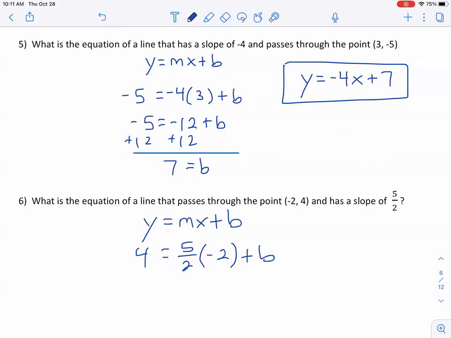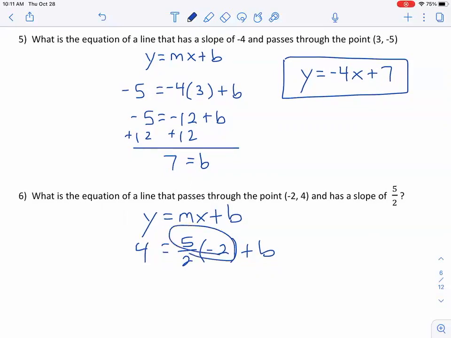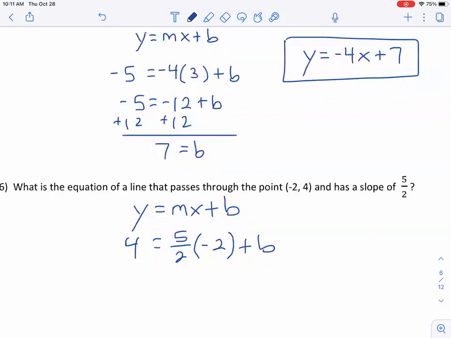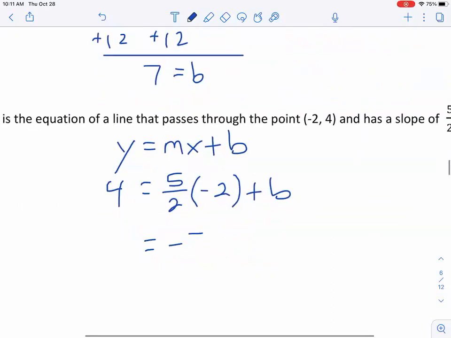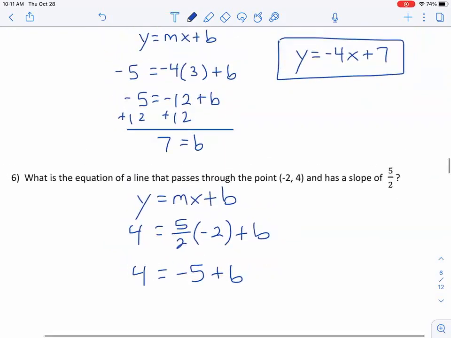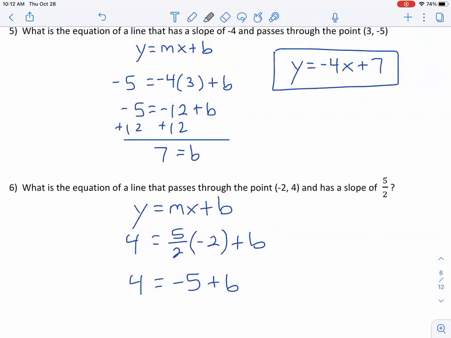So to do that, I have to do 5/2 times -2. So you could use your calculator for that. Or you can multiply across the top. 5 times -2 is -10. And -10 divided by 2 is -5. Okay, or you can cancel out the 2's. 5 times -1 is -5. It doesn't matter to me which way you do that, but we're going to get on the right side -5 plus b. So I have 4 equals -5 plus b. Okay, so I did this step here, right?